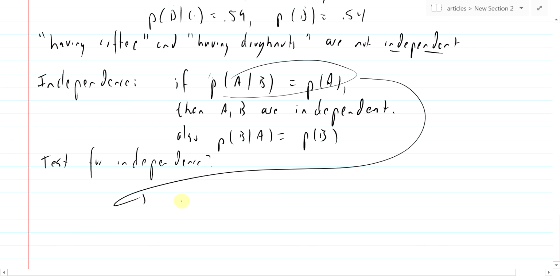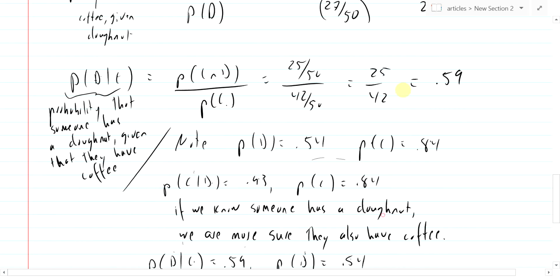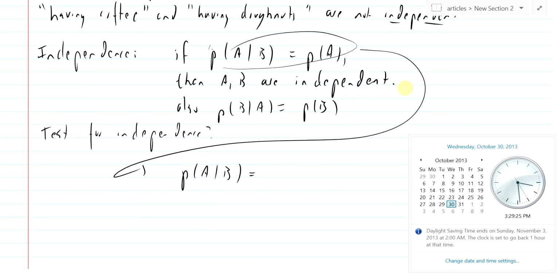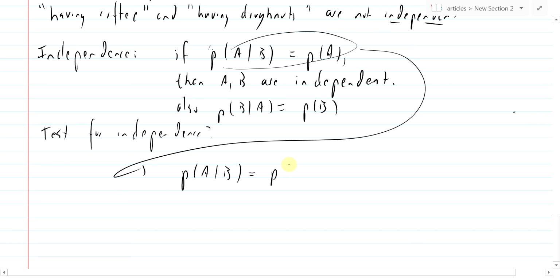We have P of A given B. The definition of that, if we go up to the first box, is P of A intersection B over P of B. Great. And we want to know, is that equal to P of A?